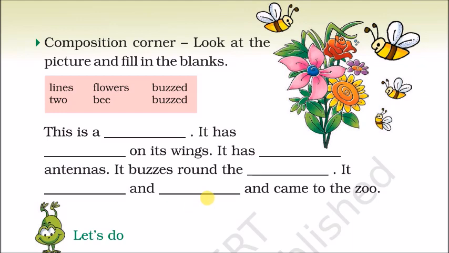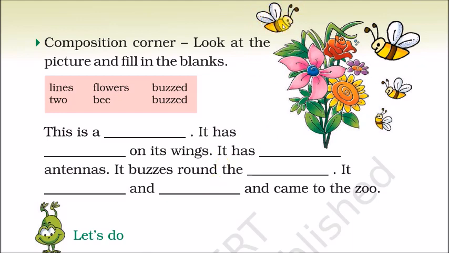Composition corner. Look at the picture and fill in the blanks. इस पिक्चर को देखिए और ब्लैंक्स को फिल कीजिए. चलिए ट्राई करते हैं. This is a bee. It has lines on its wings. ये wings में lines हैं.